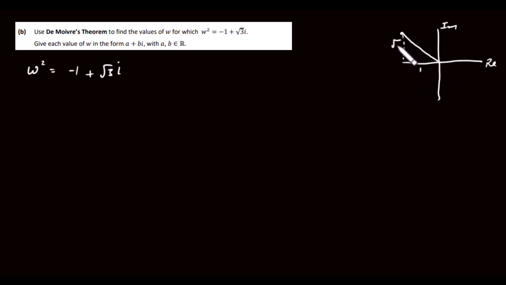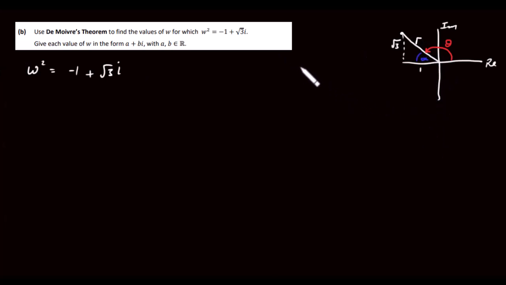And up along here, root 3. Now, we need to work out a couple of things here. We need to work out this angle here, the argument, which is theta. And in order to do that, we're going to work out the reference angle here, which is alpha. The other thing we need is the modulus here, the distance from the origin. So let's do those things.